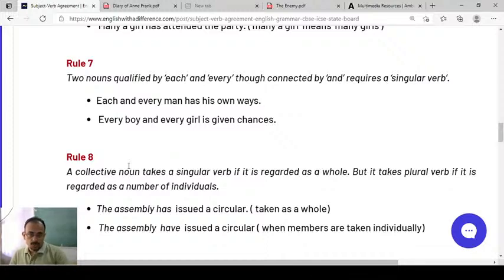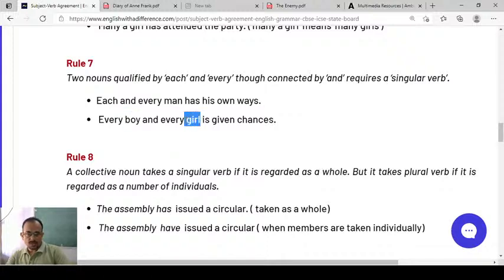Can you text me the two nouns that are spoken about in the second sentence? Okay. So here you see boy and girl.